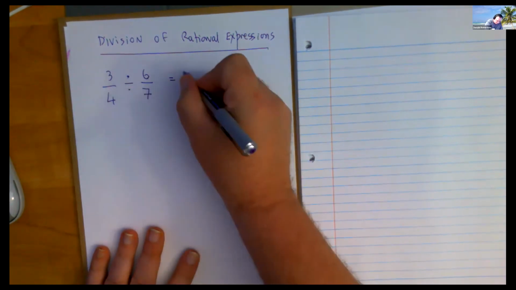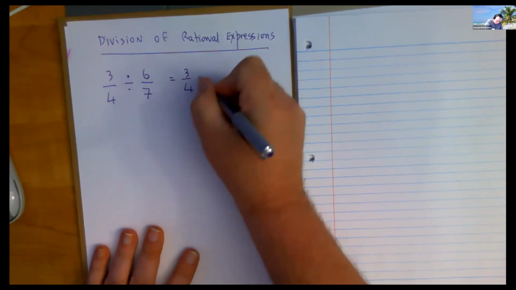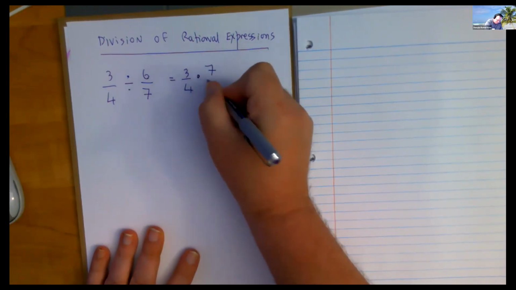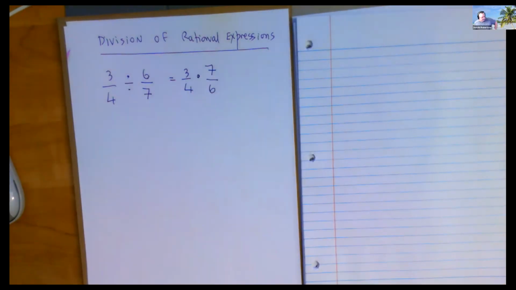Doesn't a division turn into multiplication by the reciprocal? Can you remember that? We just said, look, trust me, I'm a mathematician, it works. We're going to use that property to divide rational expressions.